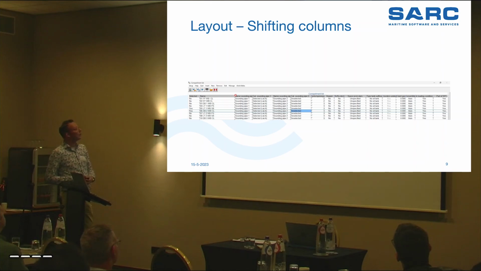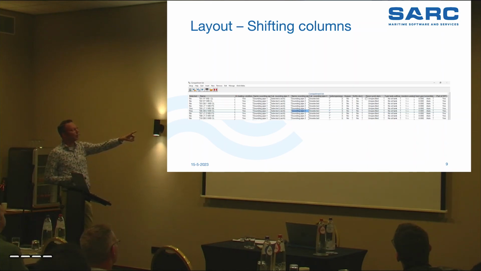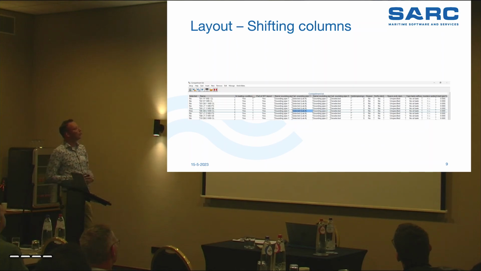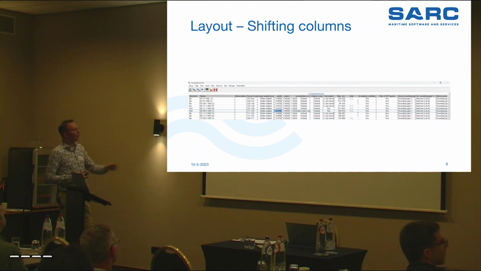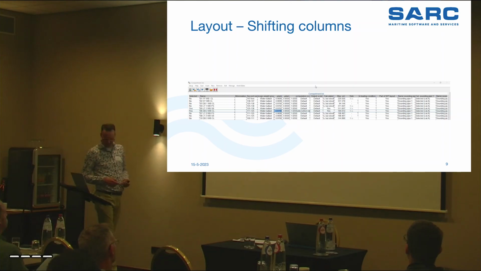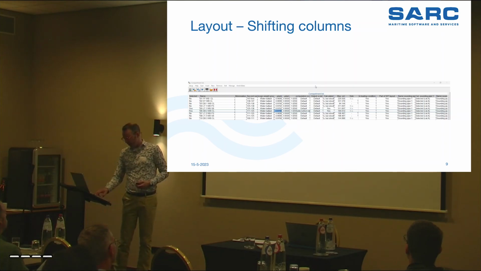One clicks, keeps pressing the left mouse button, and simply drags the column to the desired position. And now both example columns can be seen directly when opening the layout.